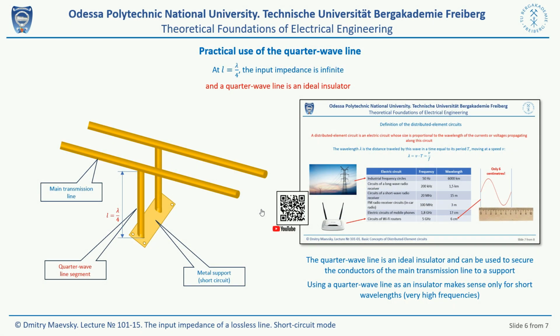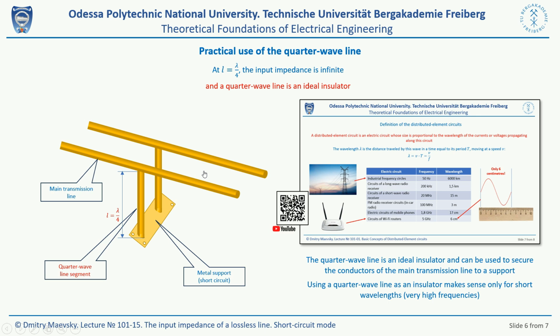Let's envision a real transmission line through which electromagnetic energy is being transmitted. However, for such a line to exist, these conductors must be supported by insulators. So, in engineering, the same quarter wavelength line is employed as a support for the conductors. As we have just learned, it functions as an ideal insulator.